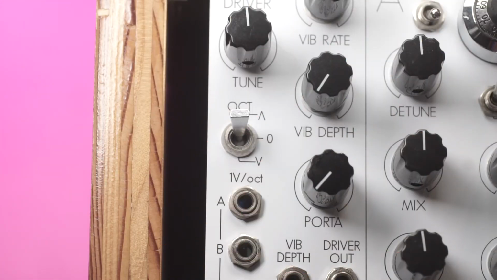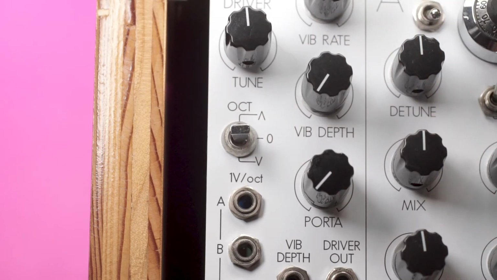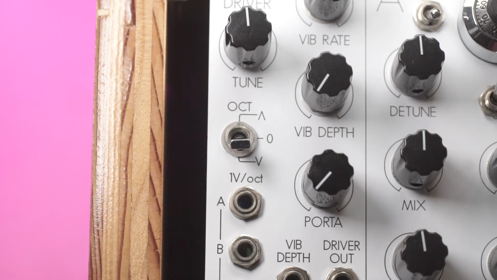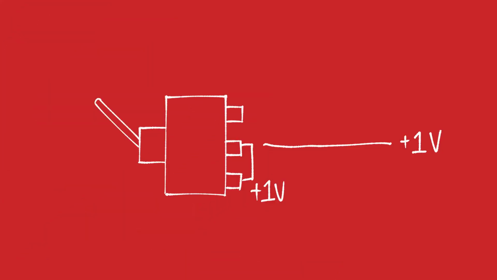In the top position, it feeds an additional 1 volt to my oscillator to make it pitch up. If I select the middle position, it's off, so it's just normal tuning at that point. And if I select the down position, I'm sending it -1 volts to drop it down an octave. So with that three-way switch, I have control of adding an octave.